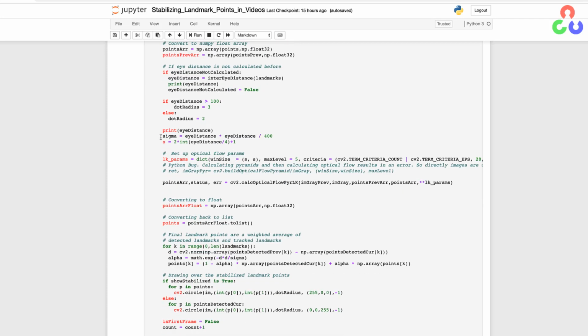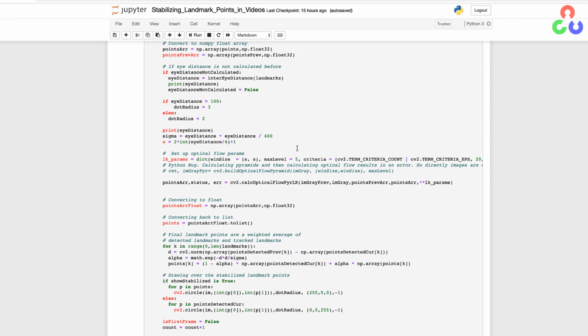We are also going to use it to calculate sigma that we are going to use to divide the distance measures. When we see the motion of a particular landmark between two frames, let's say it has moved from location 0 to location 100 in the x direction. Now, these are 100 pixels. We don't have a sense of what this means.